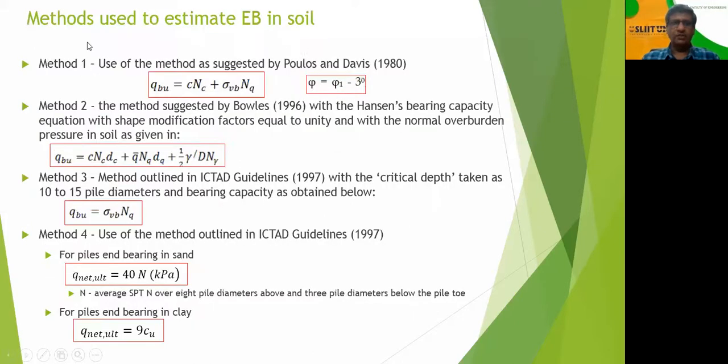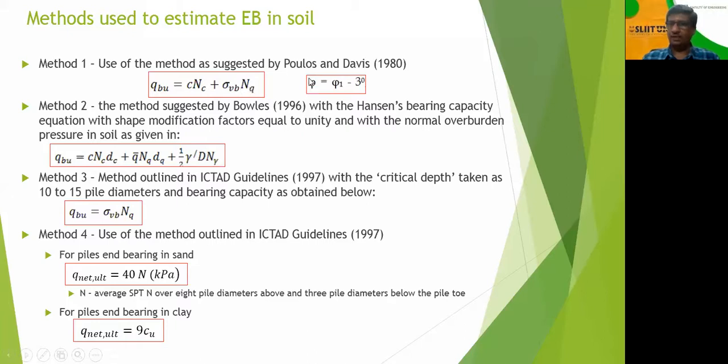We use 4 methods in estimating the end bearing. Method 1 is the approach suggested by Poulos and Davis, where you say it is c Nc plus the vertical effective stress multiplied by Nq.